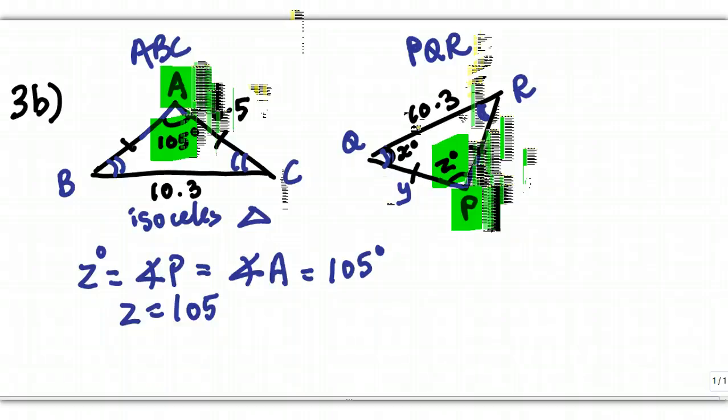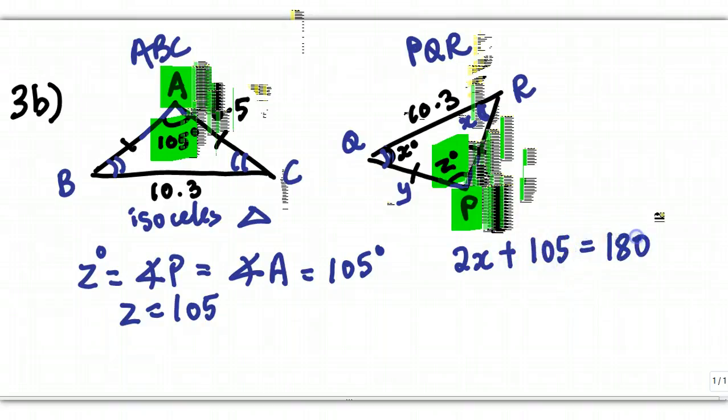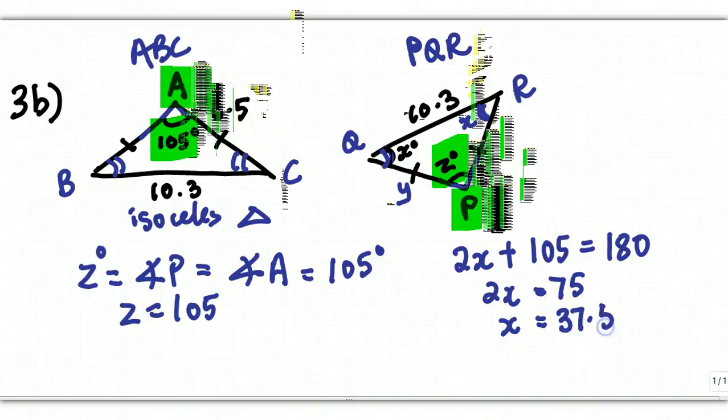We will be able to find X because 2x, since this is also x degrees, since it must be a base angle, plus Z, which is 105, must give you 180. So 2x must give you 75, and therefore x must give you 37.5. So this allows us to find x easily.